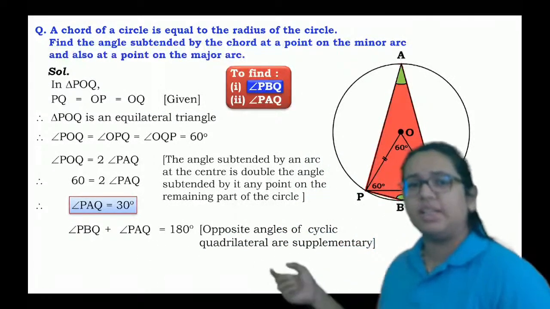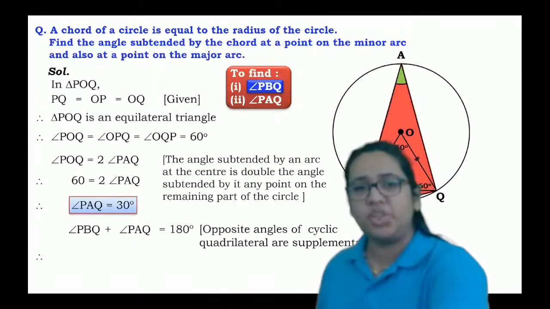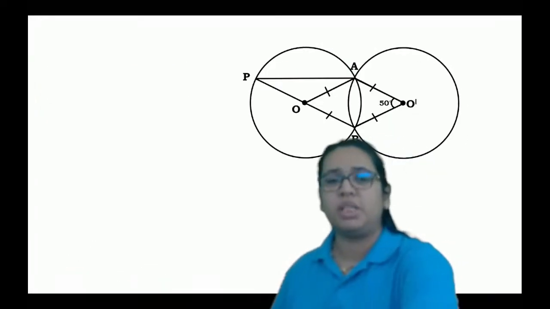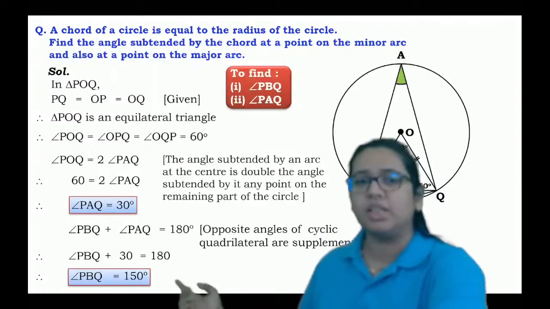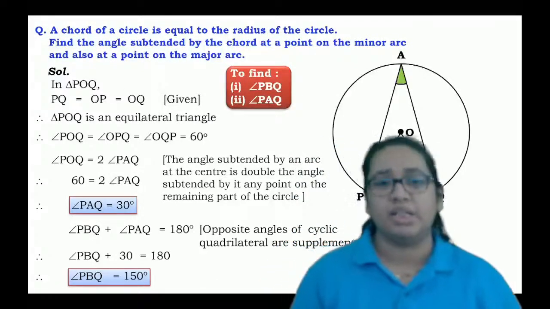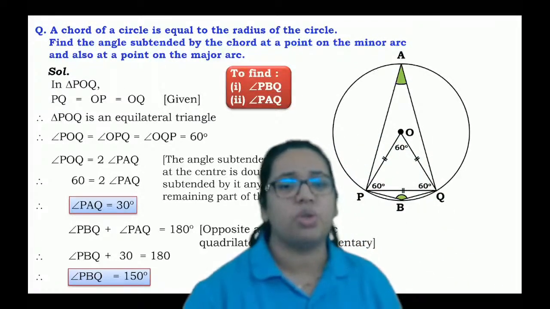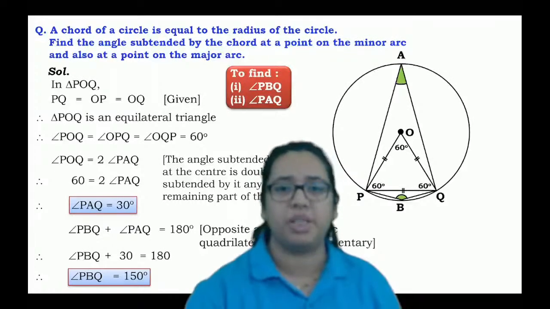Opposite angles of a cyclic quadrilateral are supplementary. Therefore PBQ plus 30 is equal to 180. Hence you can easily find the value of PBQ here. Getting this one up to here? So should we move on to the next question then?